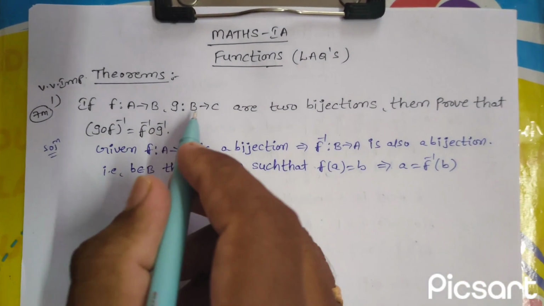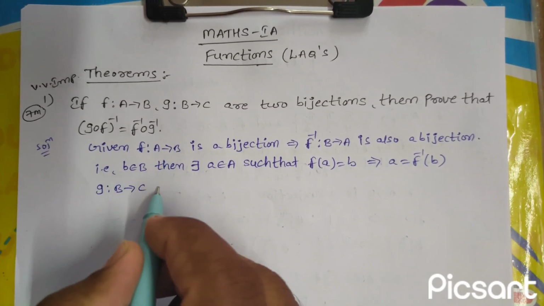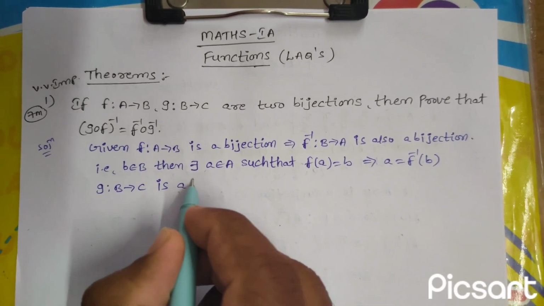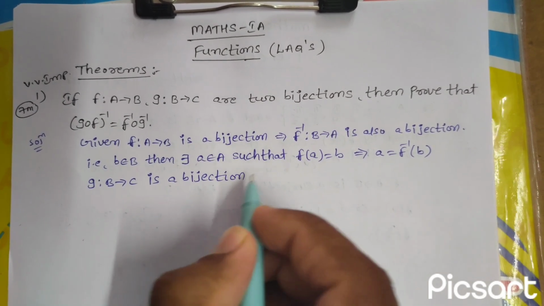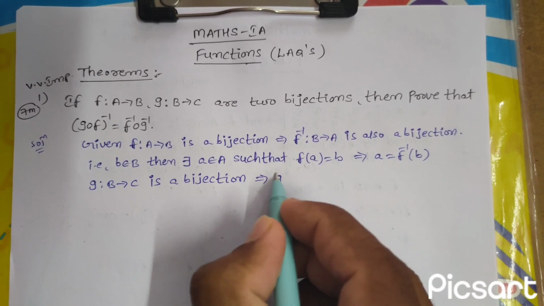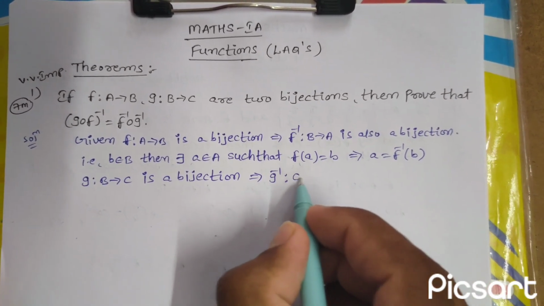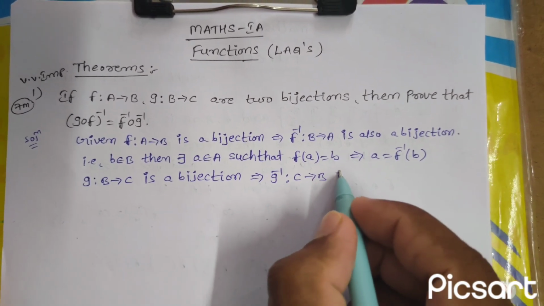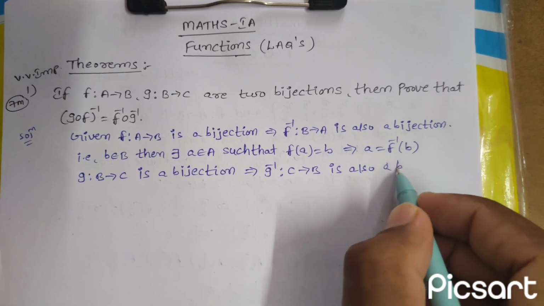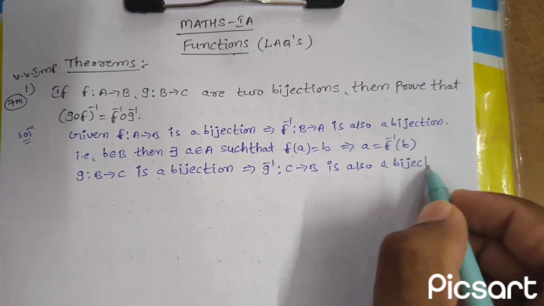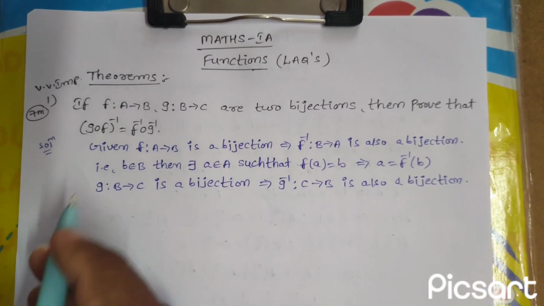Second one. Here g from B to C is a bijection. So g inverse is also a bijection. Here g inverse mapping is C to B, which is also a bijection.